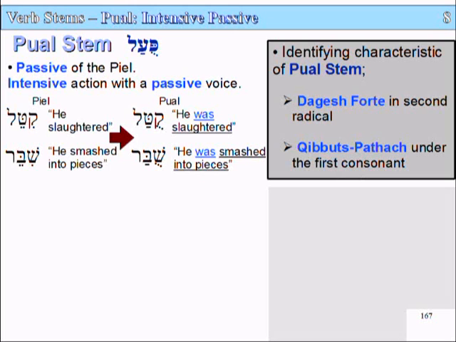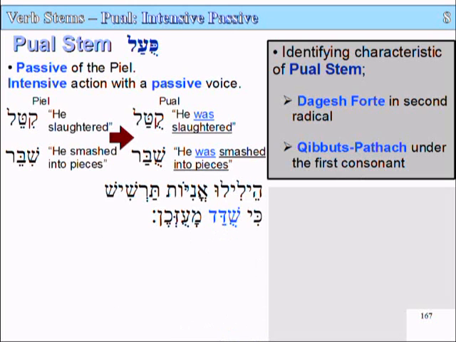Okay, let's have a look at some examples. Hayalilu oniyot Tarshish ki shudad ma'uzkhen. Howl, ye ships of Tarshish, for your strength is laid waste. Oniyot is the plural for ships.